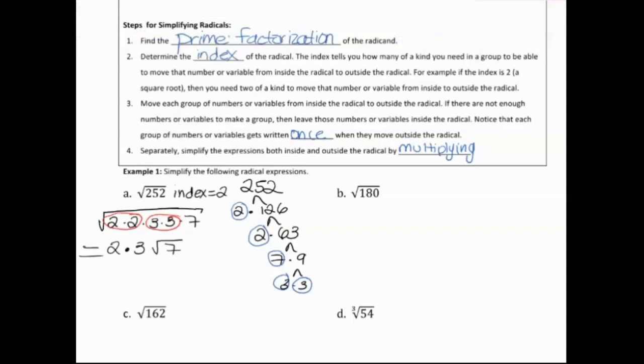Again, we only write it once when we take it out of the radical. And then my fourth step is to simplify the expressions inside and outside by multiplying. So here we're going to multiply 2 times 3 is 6. The 7 is by itself, so that stays inside.